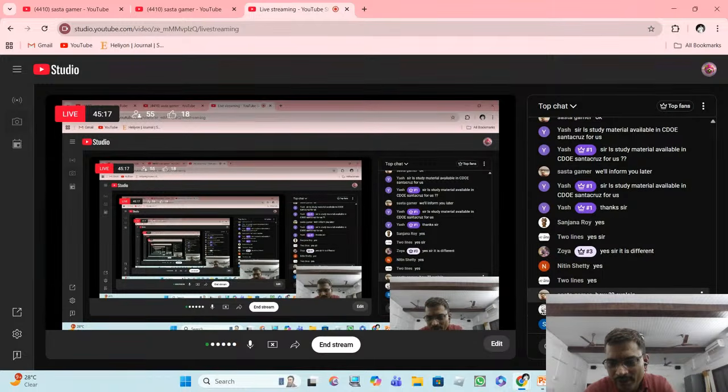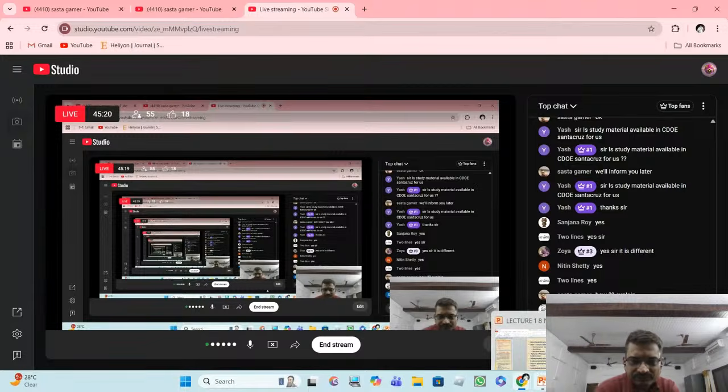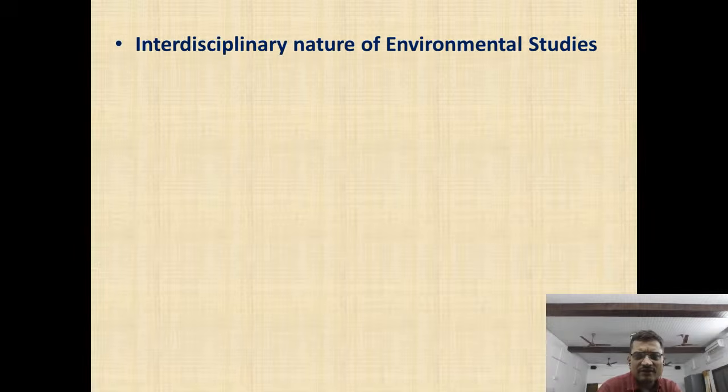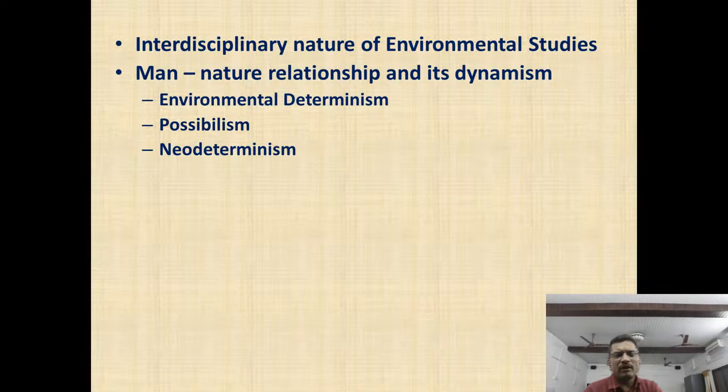I'll explain. See, the man nature relationship is changing over the period of time because of the changing human life. We started our evolution about 2 million years ago from present. The first human being came into existence about 20 lakh years ago from today. At that time, the life of human being was very primitive.